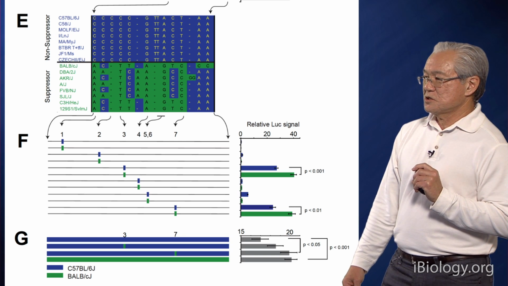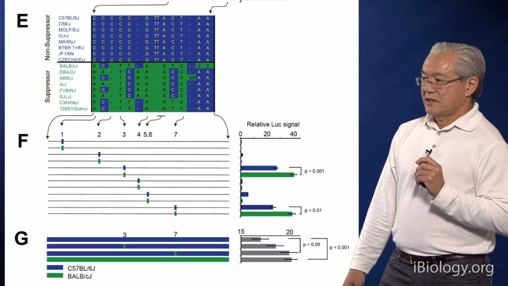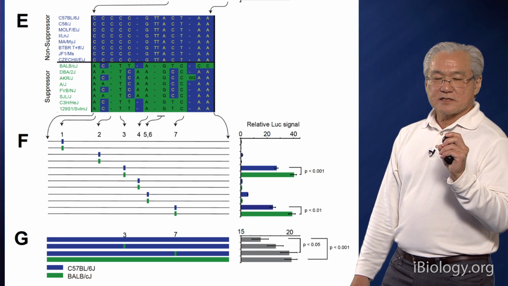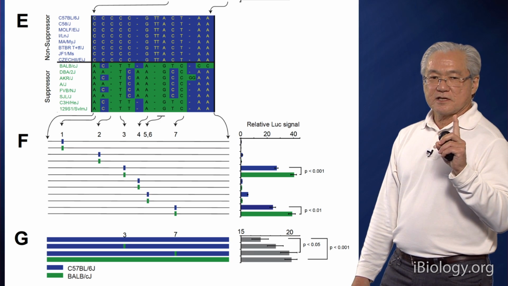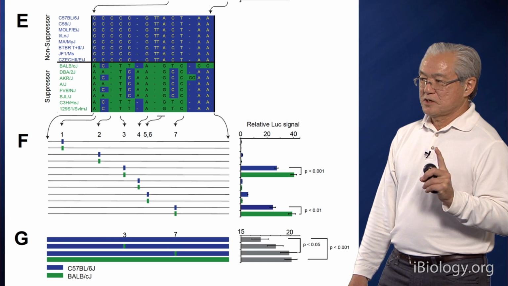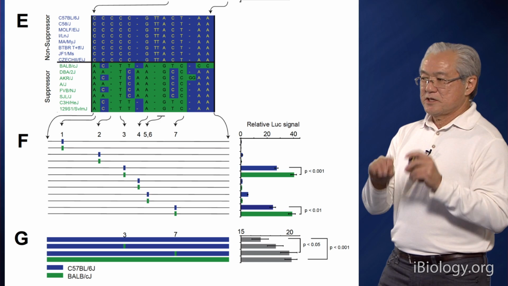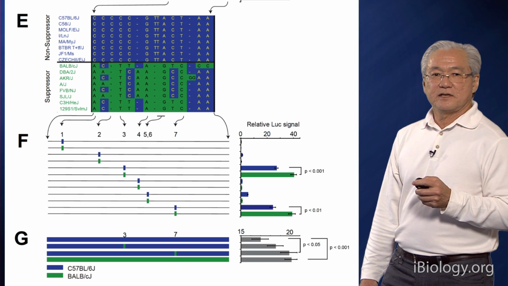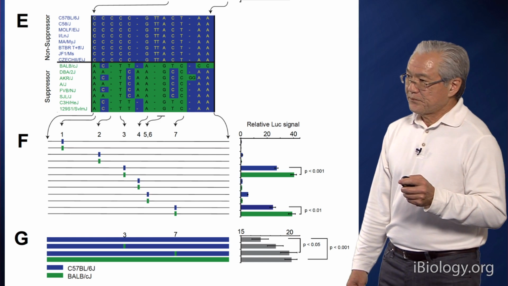So this suggests very strongly that the difference between BL/6 and BALB/c is due to a single regulatory change in the promoter of the USF1 gene that increases the expression of USF1 in the BALB/c mice.